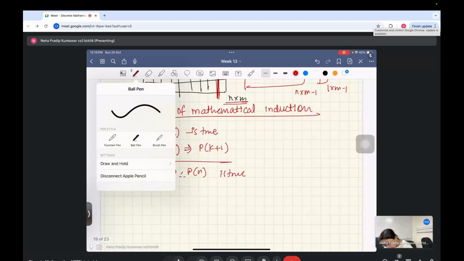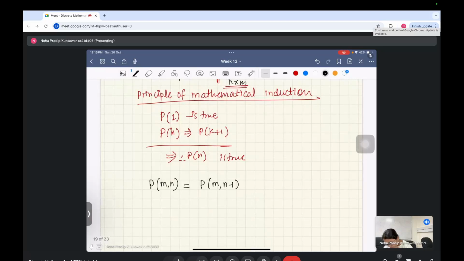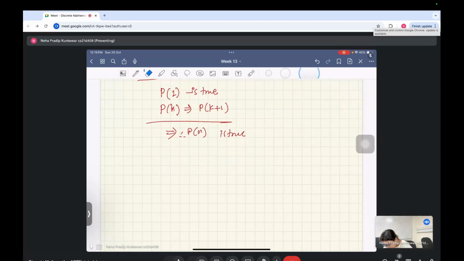I'll write it in this way. The total number of breaks that I need for solving an m cross n bar is the minimum number of breaks that I need for solving an m cross n minus 1 bar. Sorry, I messed up with the m and n again.